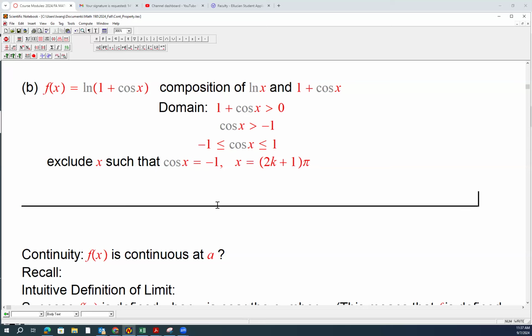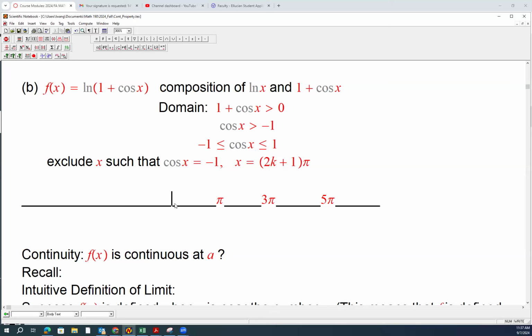It cannot be pi, it cannot be 3 pi, it cannot be 5 pi, and everywhere in between.